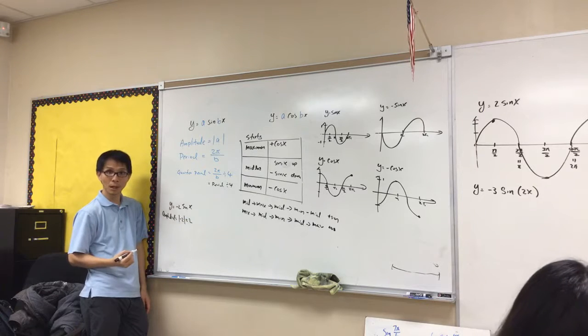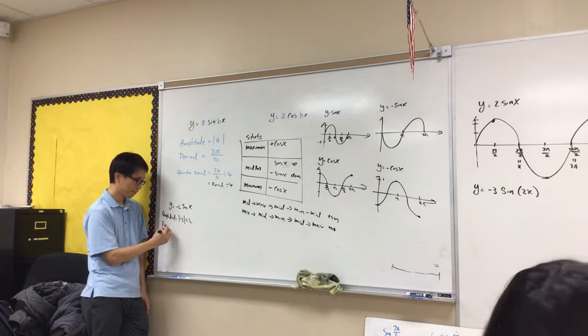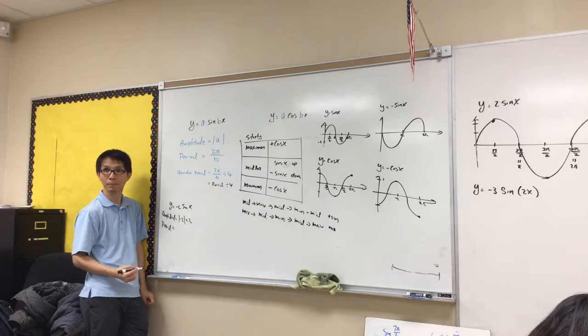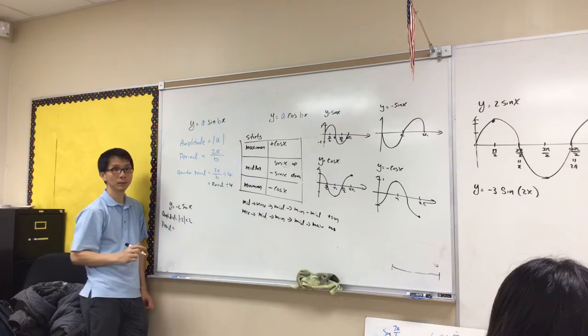Are we okay? What is the period? It's not 1, it's 2 pi over b. So what is b?